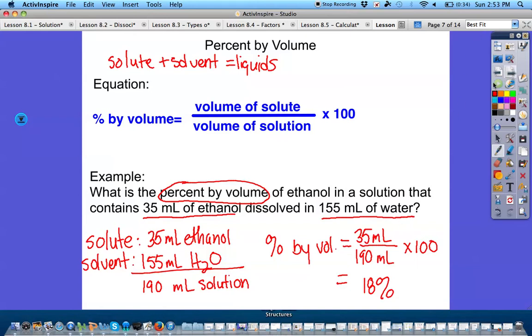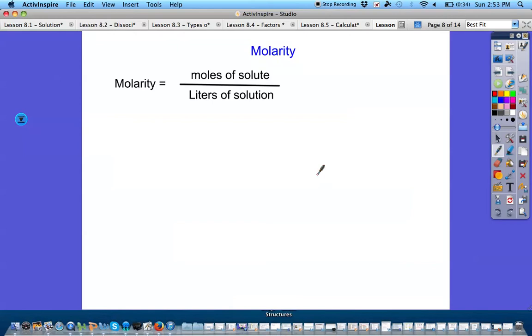The other calculation that you will see typically in chemistry is molarity. And so the equation for molarity equals the number of moles divided by the liters of solution. You will also see this equation. The capital M stands for molarity. The lowercase n is your number of moles divided by your volume, which will always be in liters for molarity.